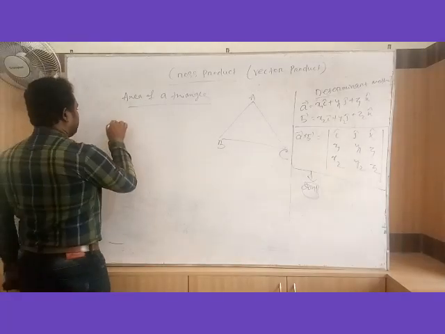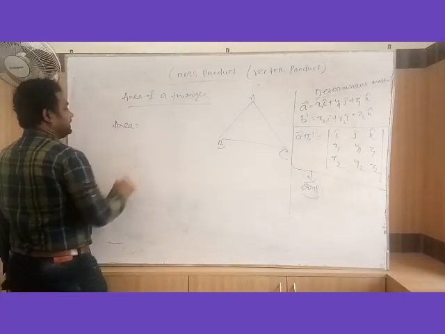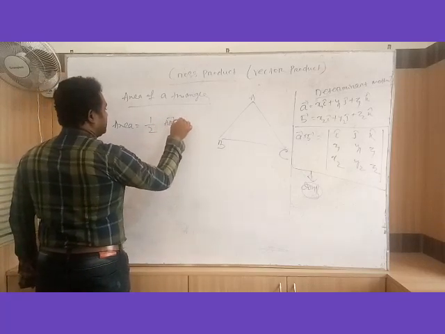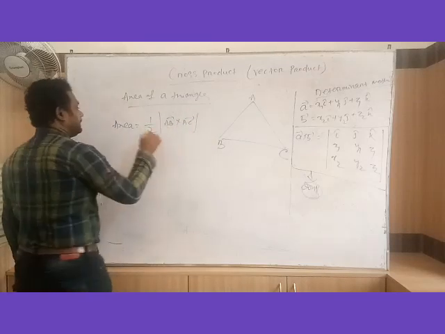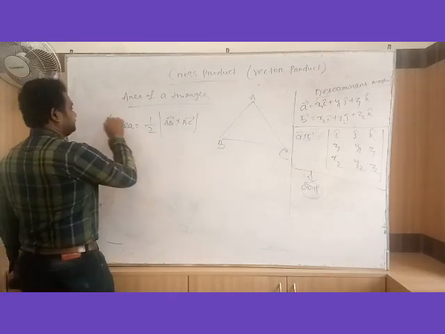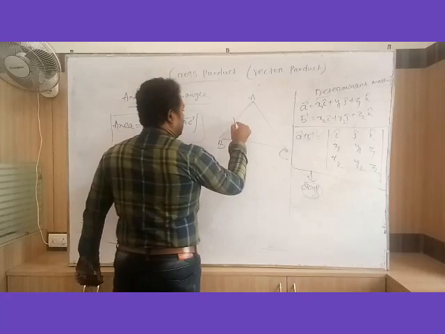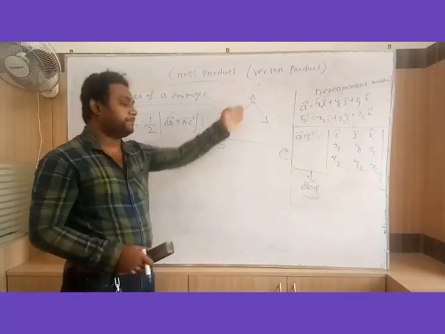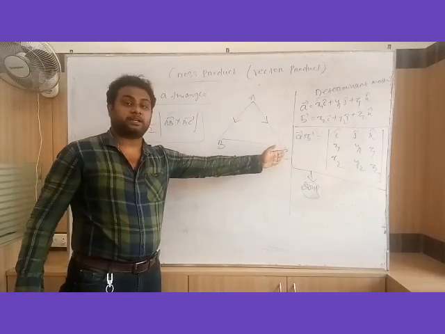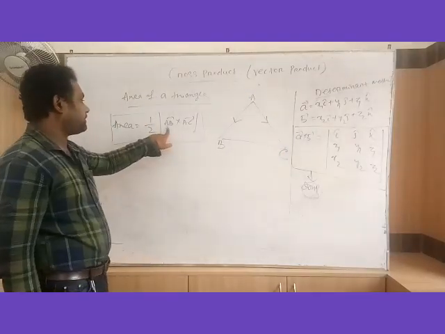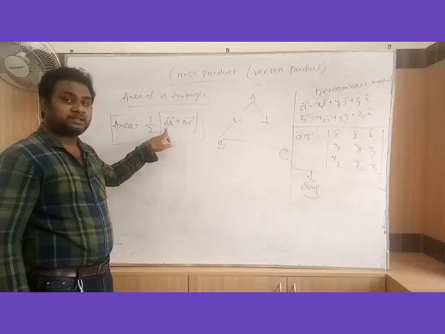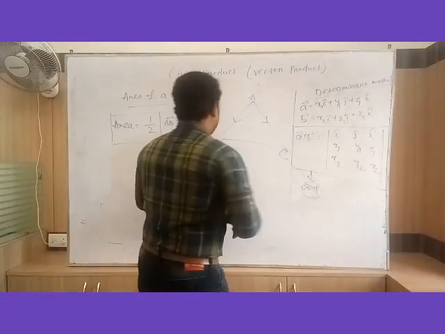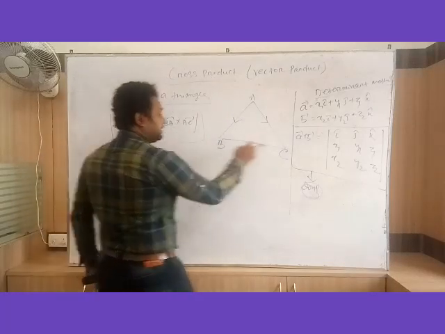Then the formula to find the area becomes half of the magnitude of AB vector cross AC vector. You know how to find AB vector? OB vector minus OA vector, and AC vector is OC minus OA vector. Again, the cross product of AB cross AC, here is the formula.